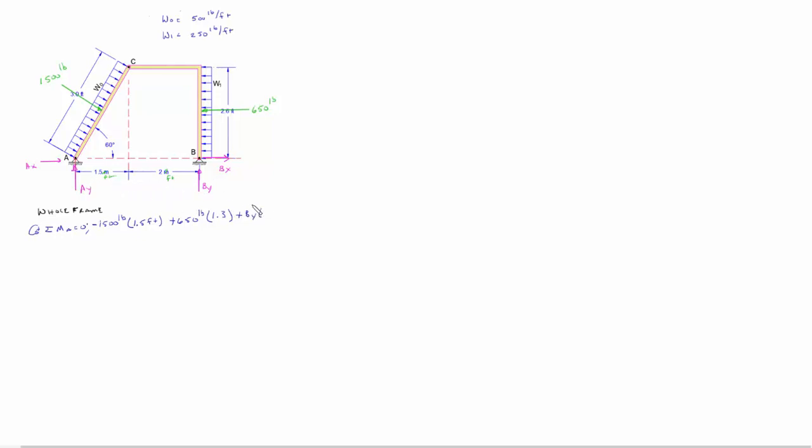And remember, now this is 3.5 feet. That's all equal to 0. So BY, I'm going to plug this in my calculator, double check myself. Come up with 401.4 pounds.